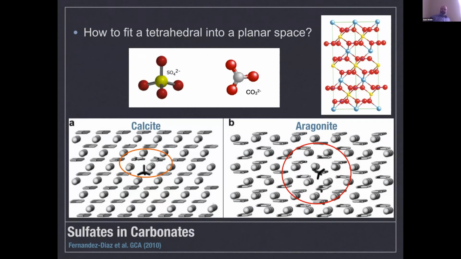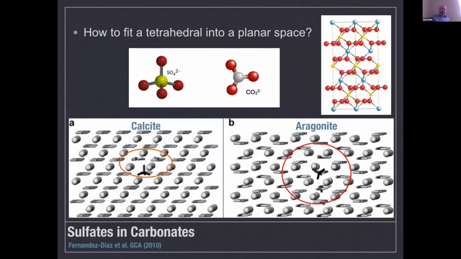And that the energy of trying to shove sulfate into an aragonite is much higher. You see larger perturbations. The tetrahedron has to tilt a little bit more, and it causes a larger lattice distortion.